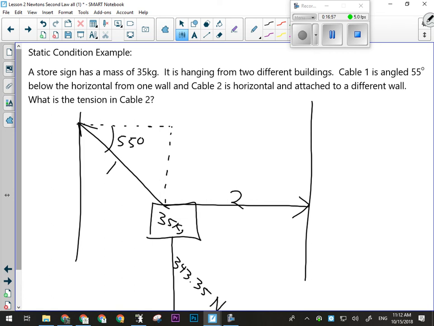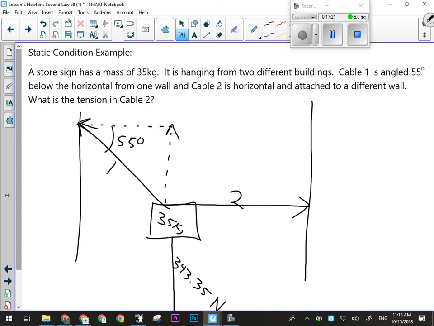Okay, this cable here can only pull to the right. Okay, so if it's not moving, where's the left force coming from? Yeah, from this one. Okay, this one's angled, which means it's pulling to the left and it's pulling up. Okay, everybody with me so far?